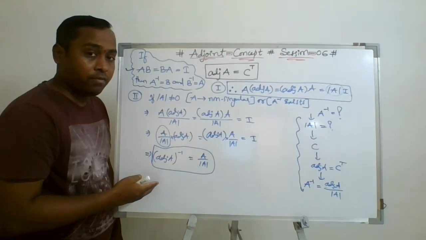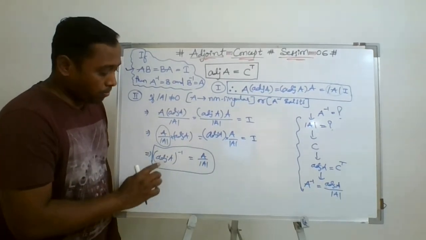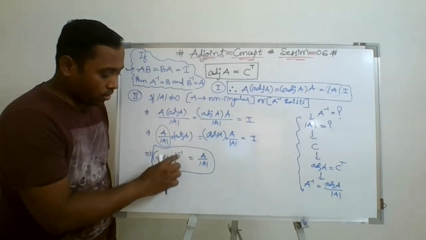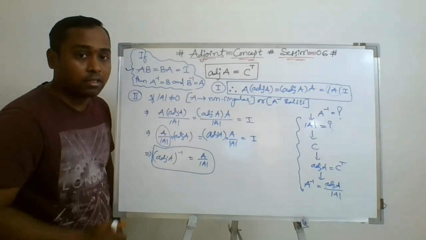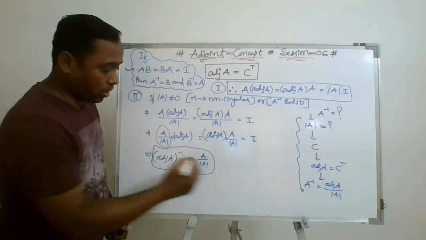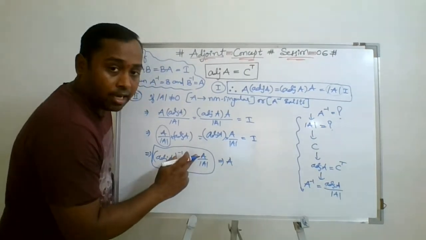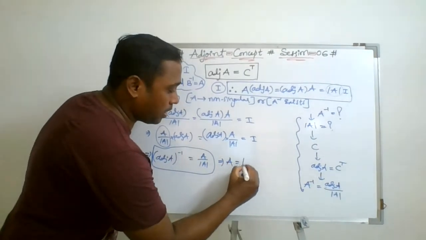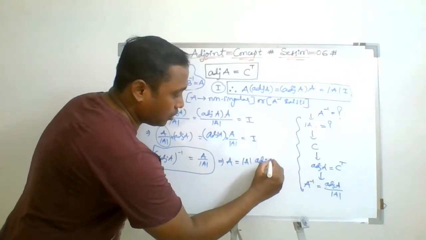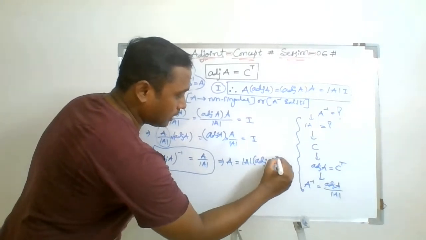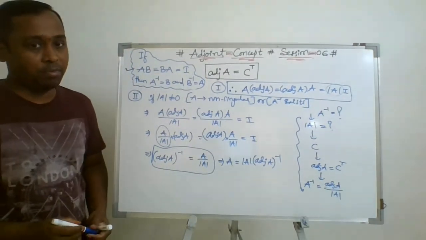But if the adjoint is given, how do you find the actual matrix? This is the way. The inverse of the adjoint is given, then by using this formula you can find the matrix A. So the original matrix A is simply det A into the whole inverse of adjoint A. This is the main result which you need to remember.